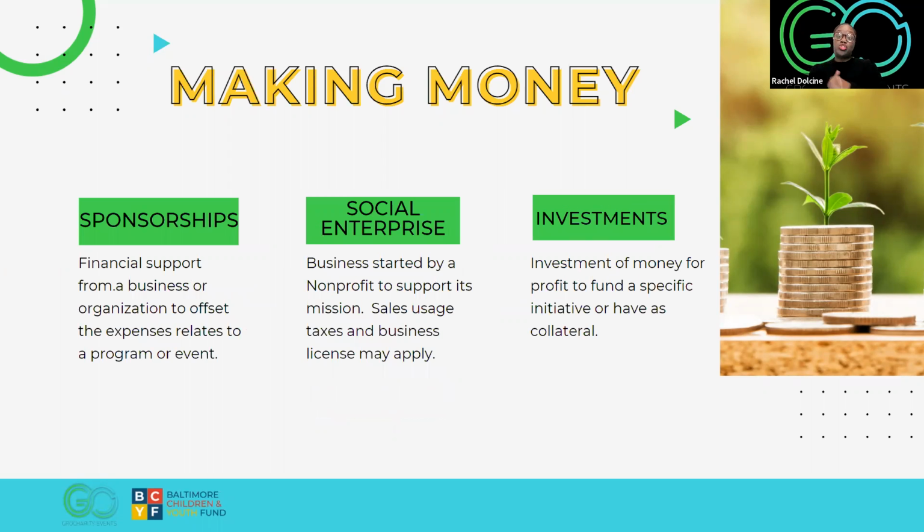Sponsorships. So this normally comes from a business, it can come from another organization, and this is normally given to offset the expenses related to a program or an event. Most popularly, it's used for events. So you may be having an event and you ask for sponsors, and they can be in kind or they can be monetary. If you get in-kind donations, the value of that should be accounted for on your budget.